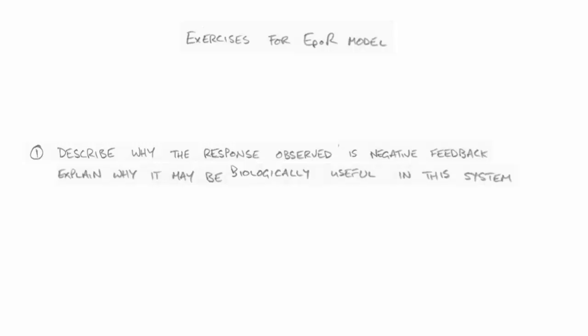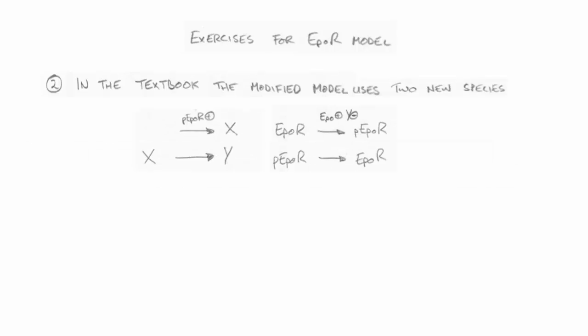So those are remarks. I've now got some exercises. The first one: describe why the behaviour we observe is negative feedback and try and explain why it's biologically useful in this case. The second thing I'd ask you to do is that in the textbook, the modification to the model uses this form, where X is generated in the signalling cascade, X then generates Y, and Y is the inhibitor to the phosphorylation of the receptor.